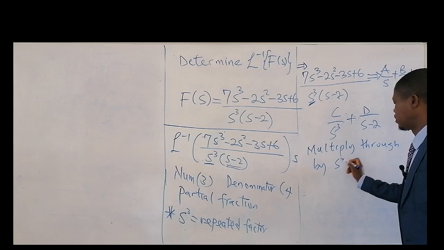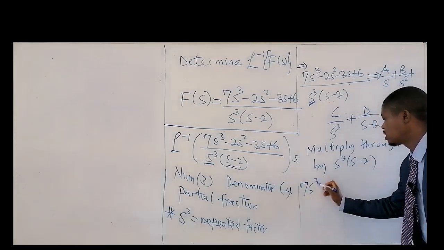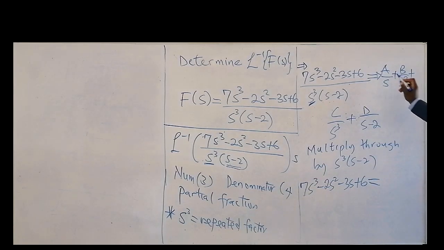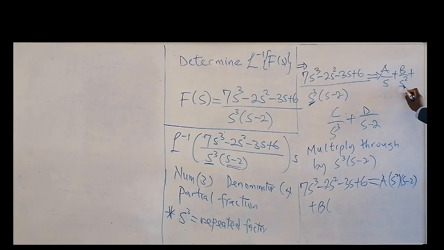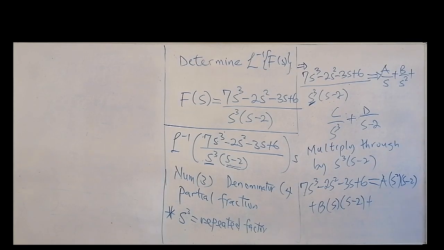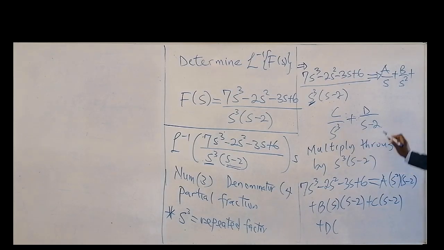So if you do that, on the left side you have 7x cubed plus 2x squared minus 3x plus 6, equal to A times x squared times (x minus 2), then plus B times x times (x minus 2), then plus C times (x minus 2), and finally plus D times x cubed. So that's what we have now.